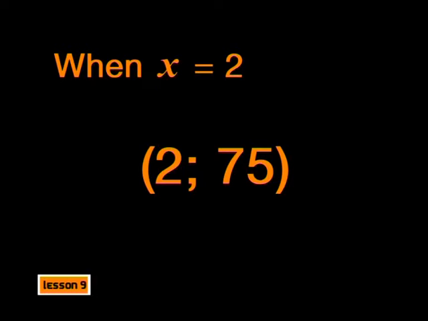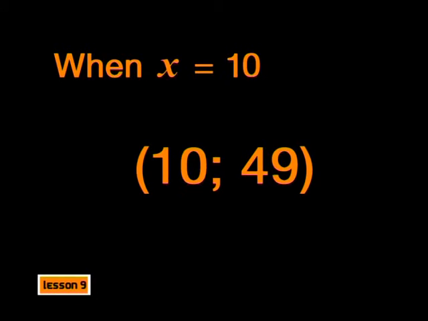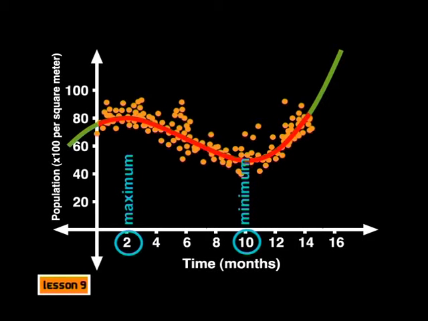Well, there you have it. After 2 months, the population will be 75. And after 10 months, the population will be 49. So the population will be greater after 2 months than it is after 10 months.